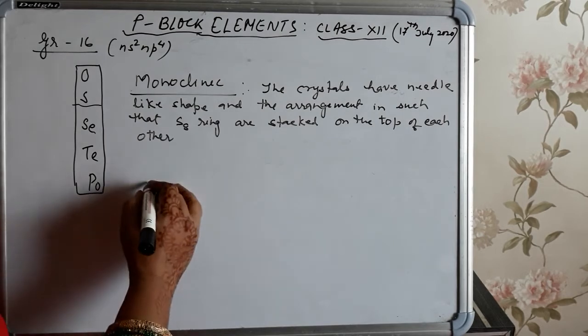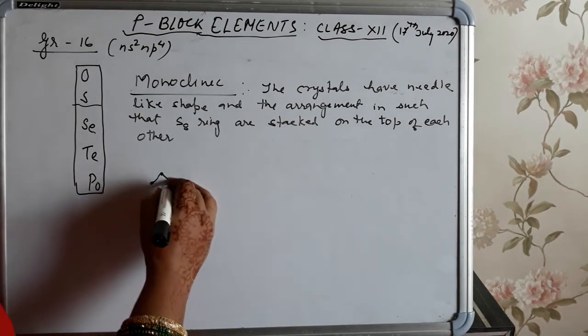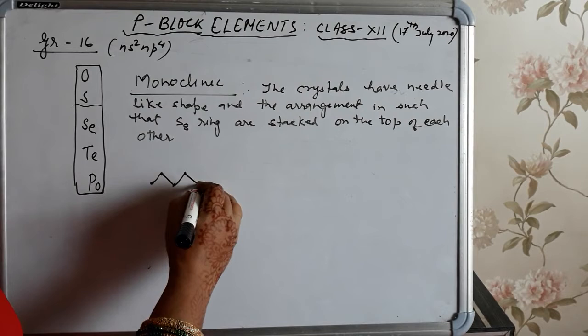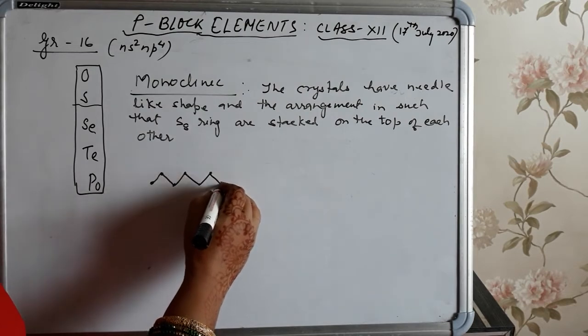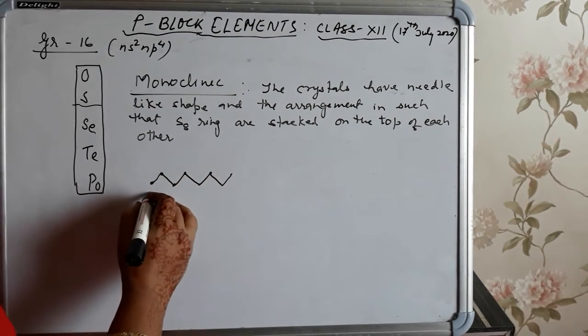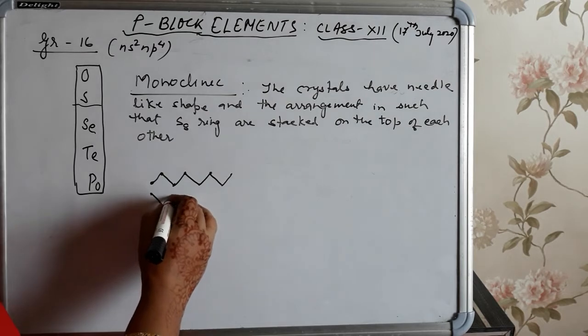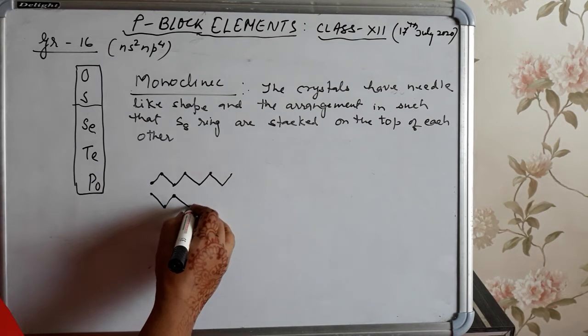So suppose this is one ring like this. This dot is S, meaning sulfur. This is what the arrangement looks like.